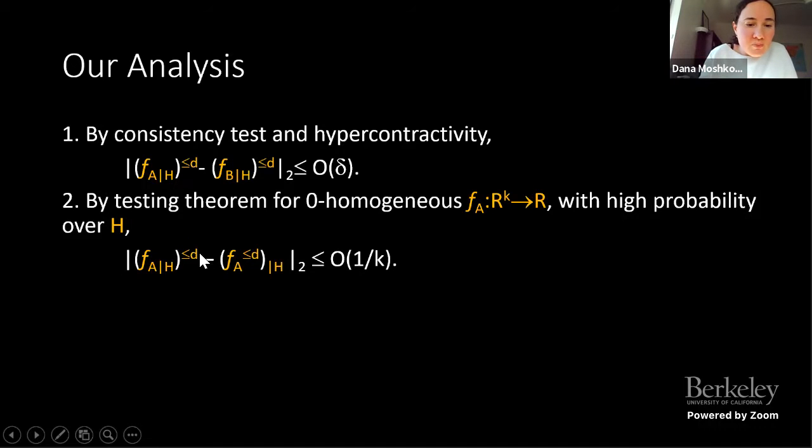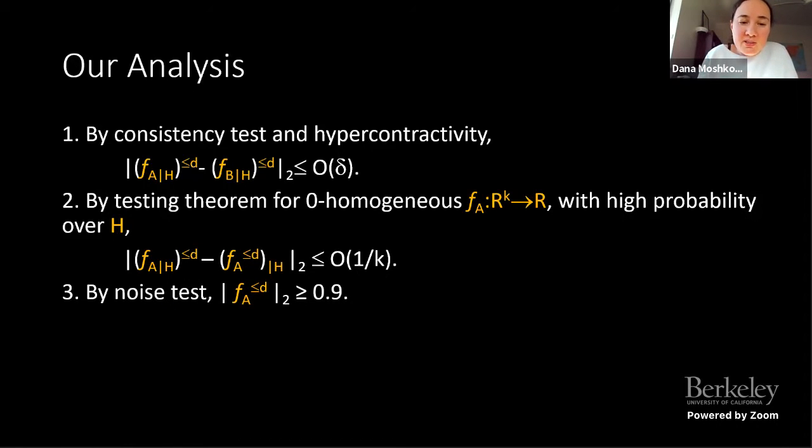We can put the degree D inside. It doesn't matter whether you take the actual degree D part and then restrict it to the hyperplane, or take the function restricted to the hyperplane and then consider the degree D part. This is essentially the same.